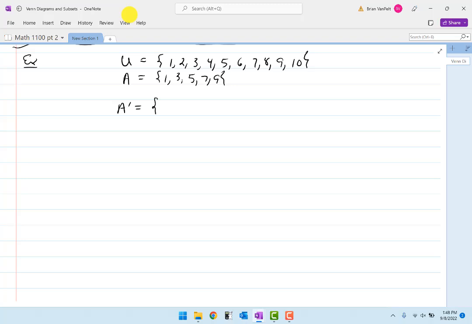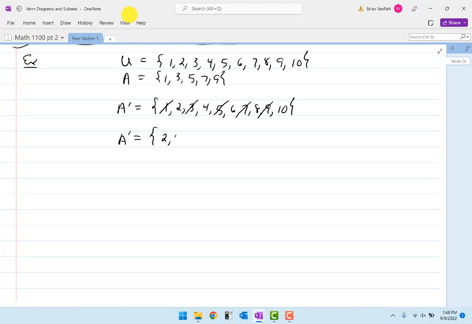If I start with all of the items inside of U, and start taking out all of the items that are in A, I take out the 1, the 3, the 5, the 7, and 9. The numbers that are left over are exactly what the complement of A is.